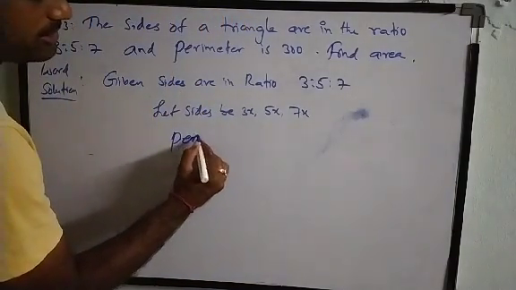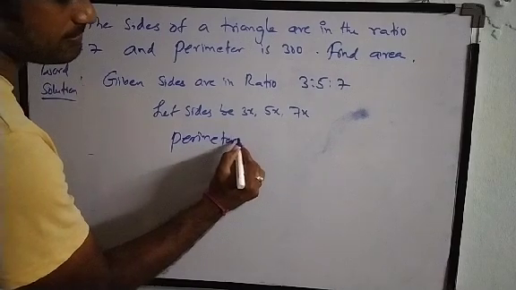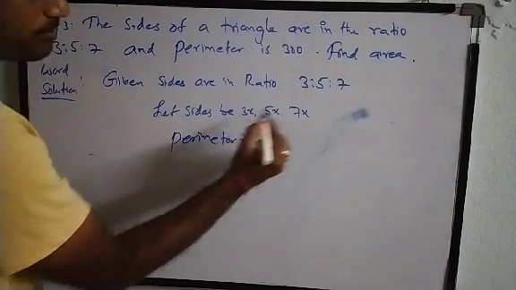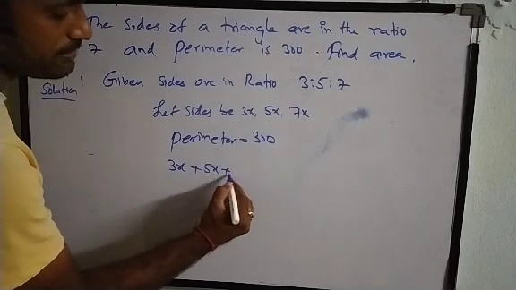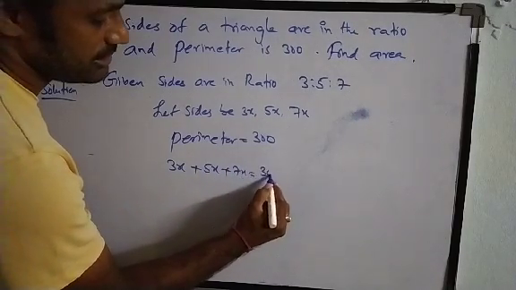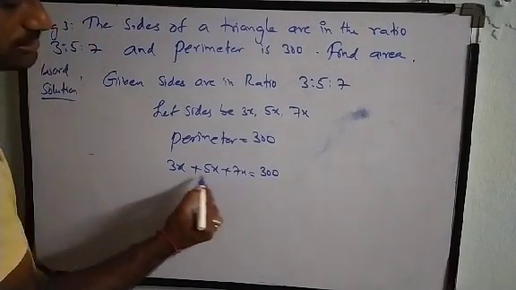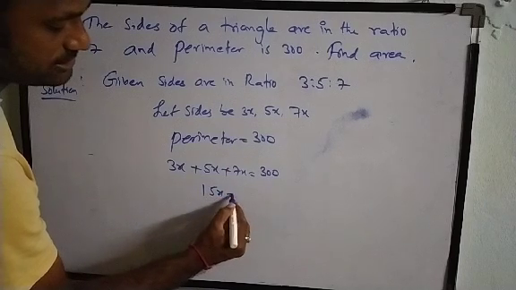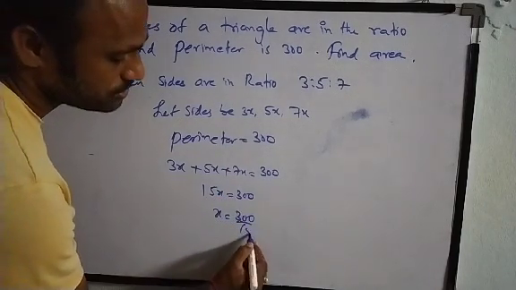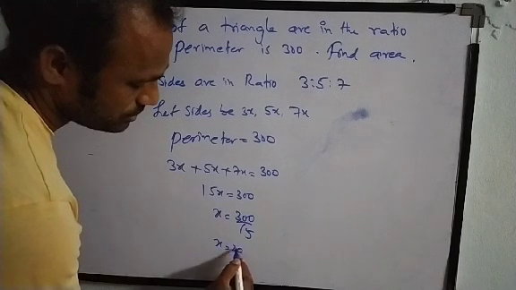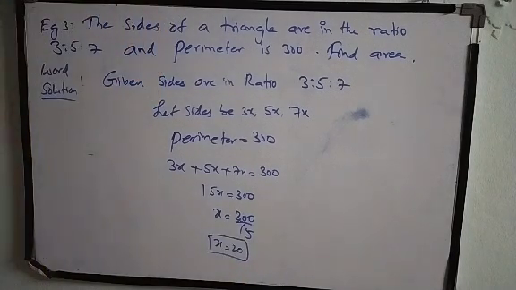So perimeter is given as 300. So perimeter means addition of all the sides, that is 3x plus 5x plus 7x is equals to 300. 15x is equals to 300. So x is equals to 20. So let us substitute x is equals to 20 in that.